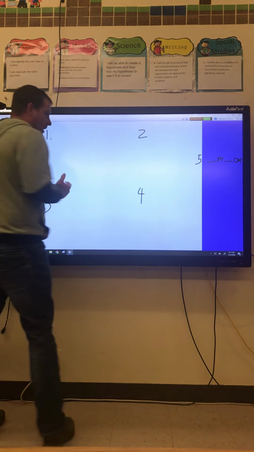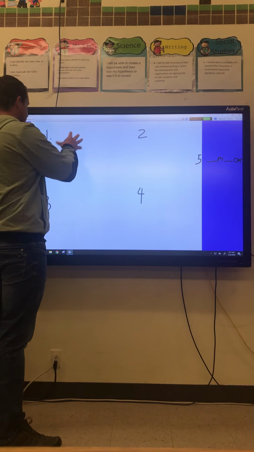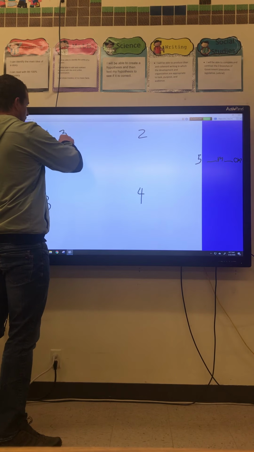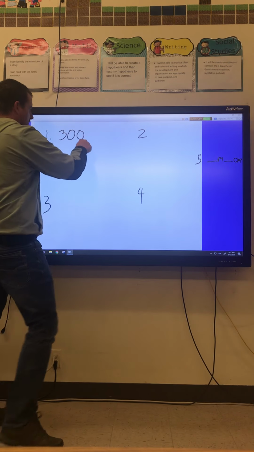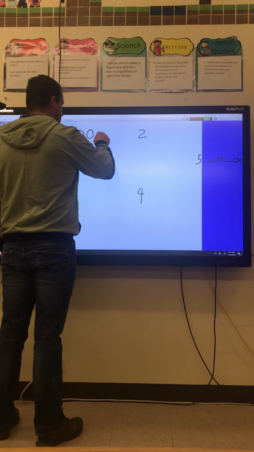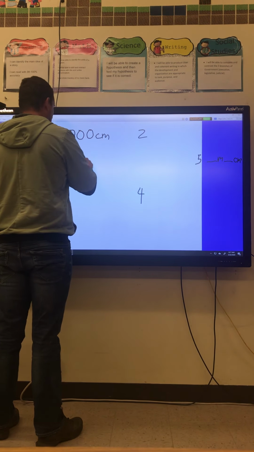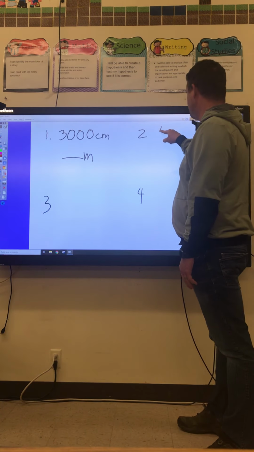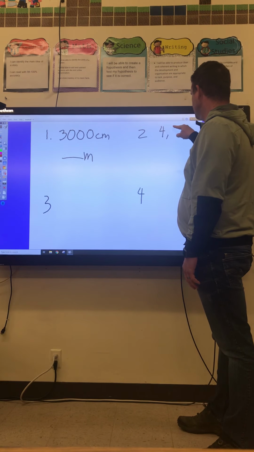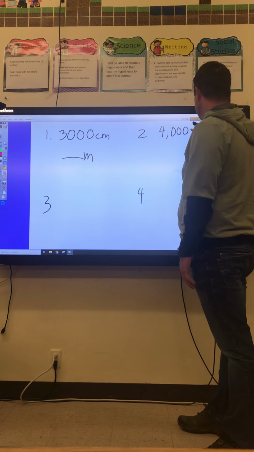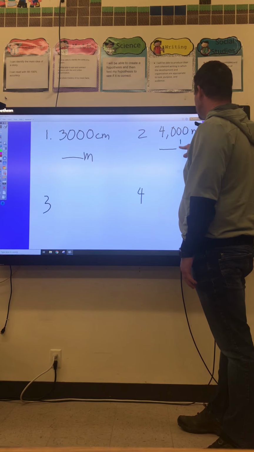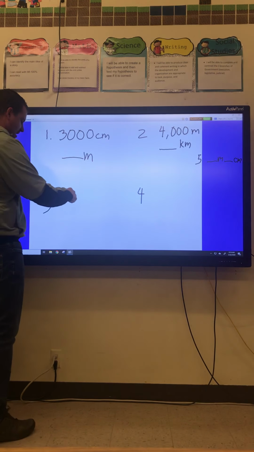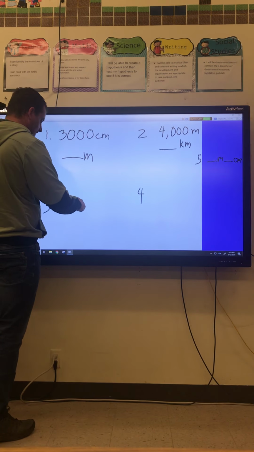Another one, here we go. I have 3,000 centimeters. I want to know how many meters. Next one, I have 4,000 meters. I want to know how many kilometers. Okay, I have 5 kilometers.